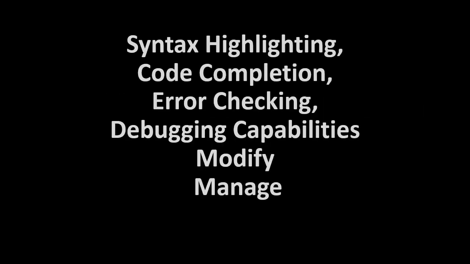Some of the reasons why we use a code editor are syntax highlighting, code completion, error checking, debugging, modifying and managing. It helps you to check for syntax errors. A code editor underlines the error for you, and you're able to correct it.